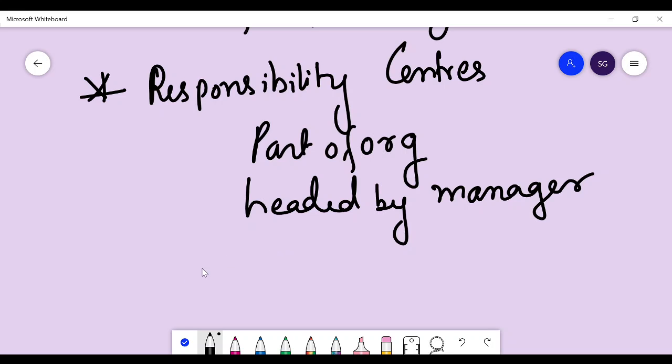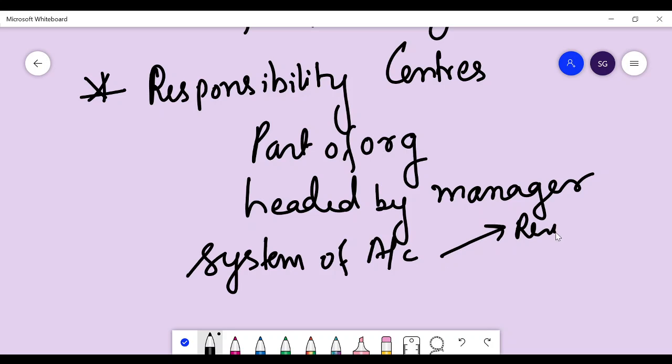Responsibility accounting is a system of accounting that segregates revenues and costs into areas of management responsibility to control performance.